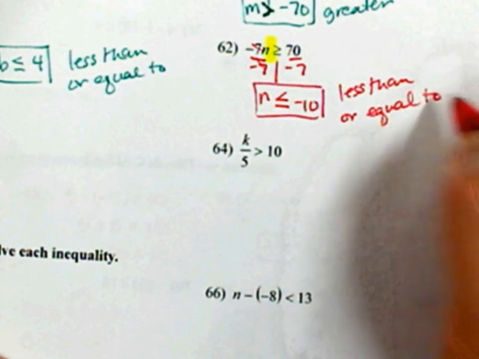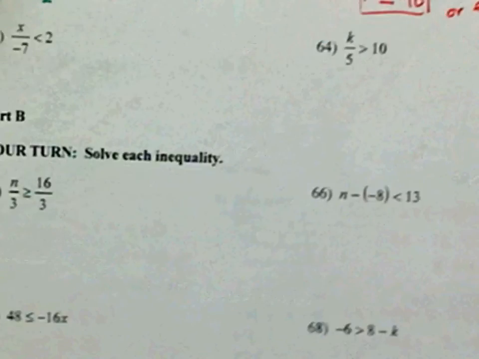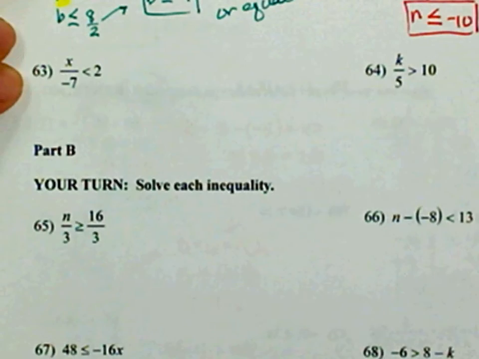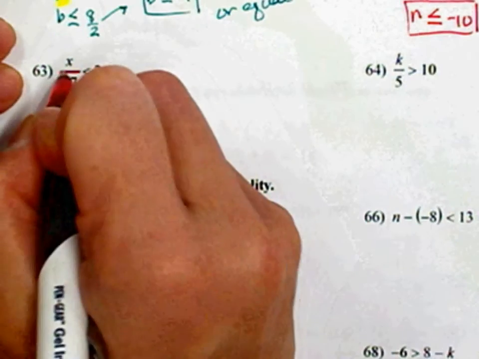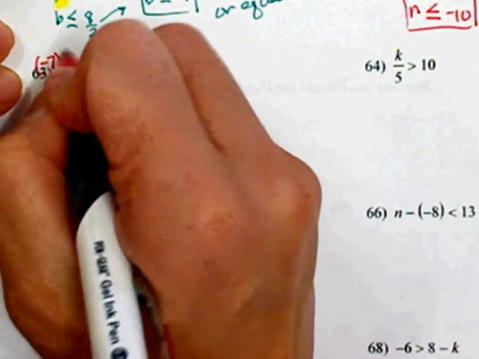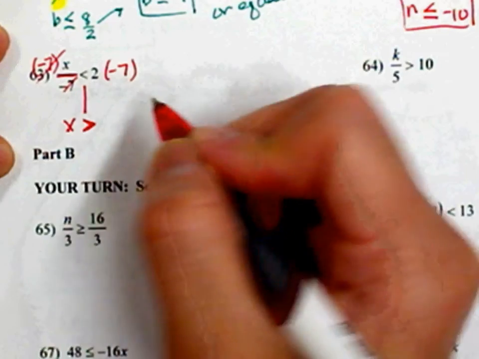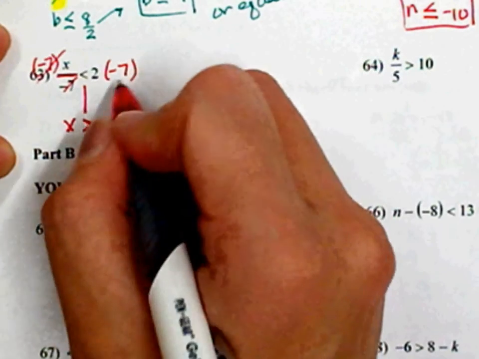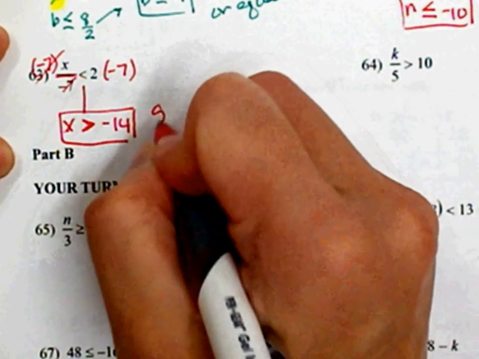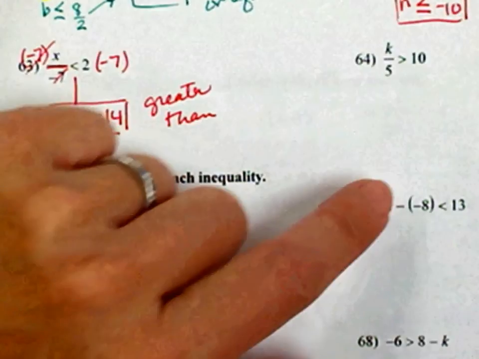Okay. Number 63. Here we go. This is divided by negative 7, so you're going to multiply by negative 7. That cancels, so what happens to your sign? It flips over. 2 times negative 7 is negative 14. And x is greater than. Okay.